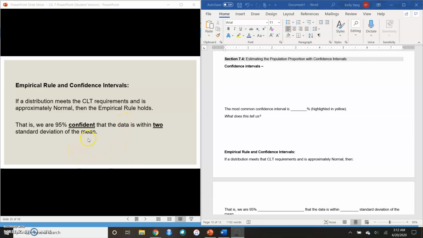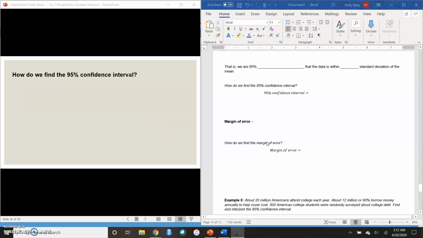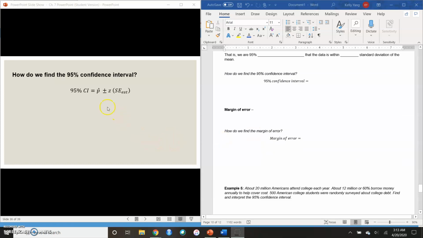So again, I want to re-emphasize, if we are 95% confident, then by the empirical rule, we're 95% confident that the data is going to be within 2 standard deviations of the mean. How do we find the 95% confidence interval? So the formula for the 95% confidence interval is going to look like this.